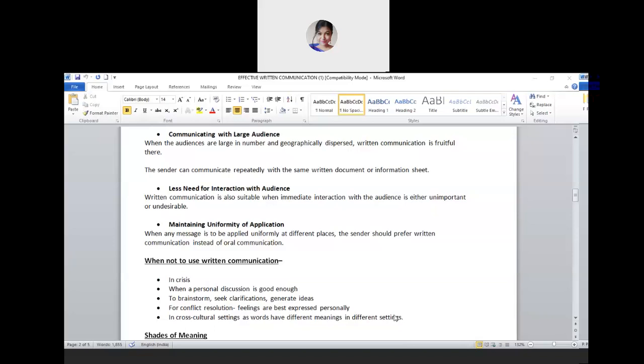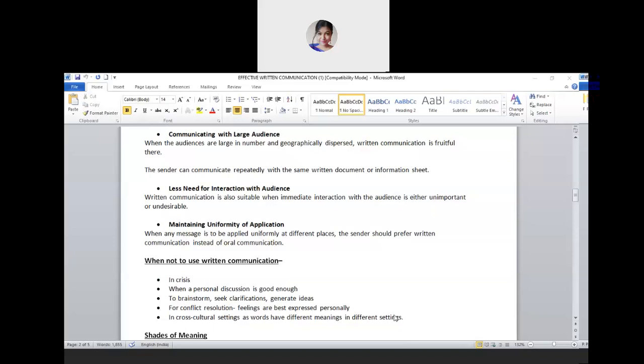A simple conversation is going to help you to understand one another, whereas written communication might create some misunderstanding. So, all the time, you do not have to write and communicate. Sometimes a personal discussion is also enough.